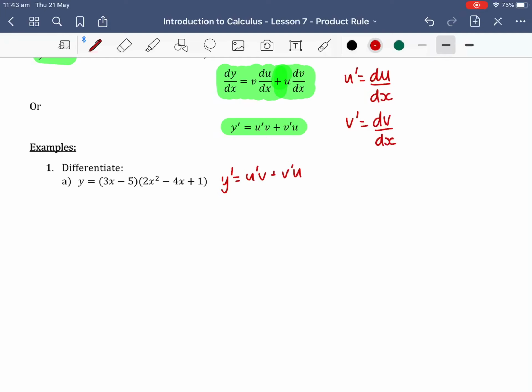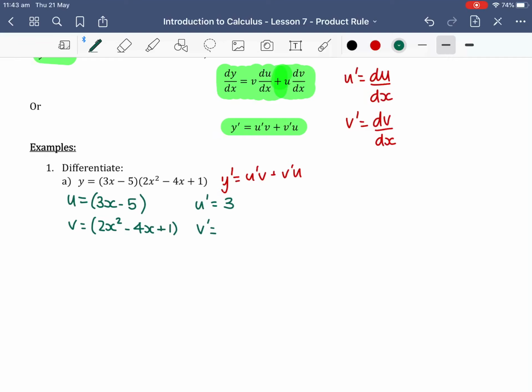So we have y equals our function, so we have our u equals our first bracket, so 3x minus 5, and we have our v equals our second bracket, our 2x squared minus 4x plus 1. So now what we want to do is differentiate u and differentiate v.